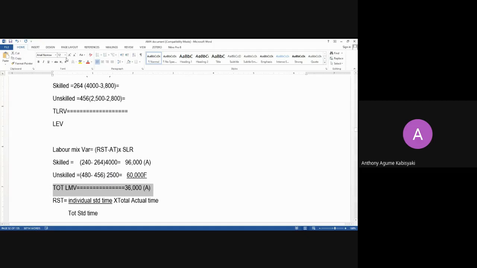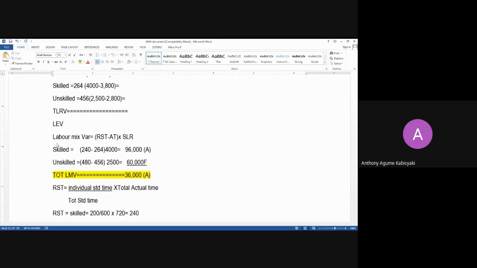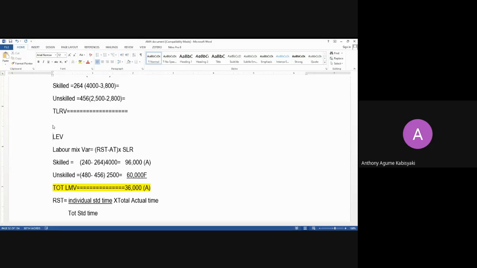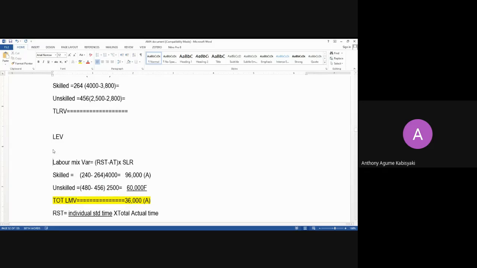Like the way we computed material mix, it is the same approach. You need to look for the revised standard time. Then lastly for today is the labor yield.